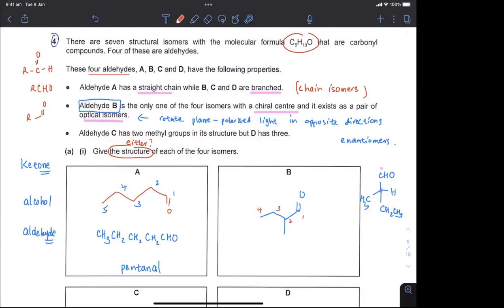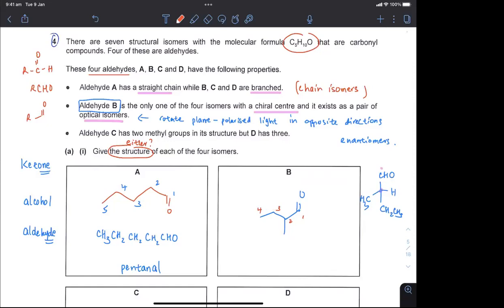Shakira, what do you get? Find the longest chain carbon and name me the longest chain carbon aldehyde first. They don't ask you for name here, but they can ask you for name anyway. All right, Shakira, are you there? Is my internet connection really bad?